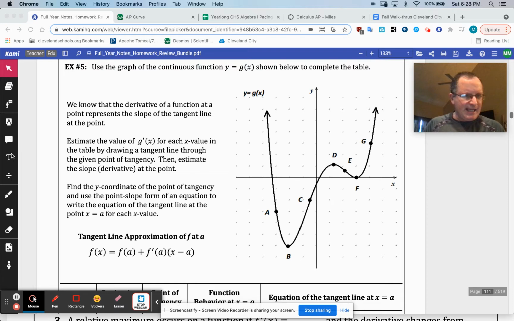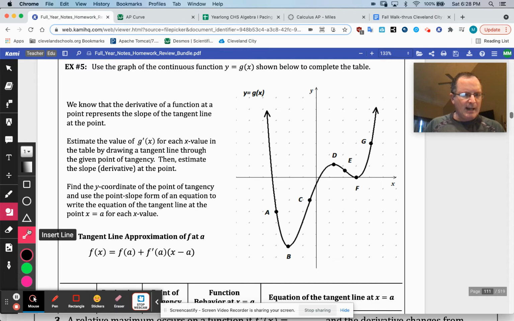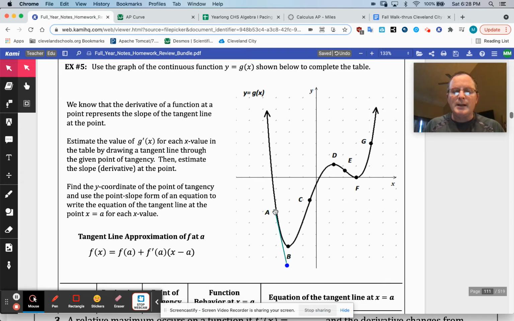So on A, I'm going to go over here and I'm going to pick me a shape. We'll pick me a line. I'm just going to kind of wing it at first, and then I'll make it a little bit better as we go. All right, so if I go here, I can pick it. There we are. And then just kind of make it do a little bit better job. There we are. Grab a hold of it.